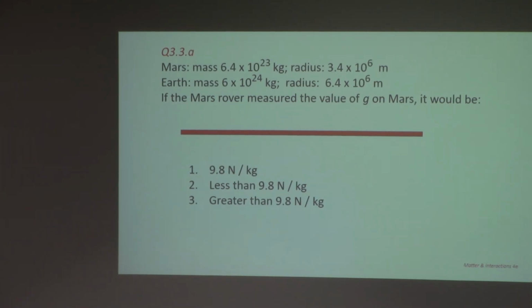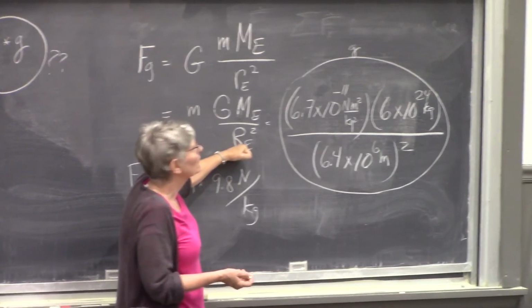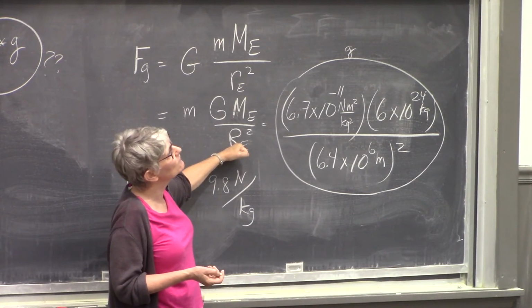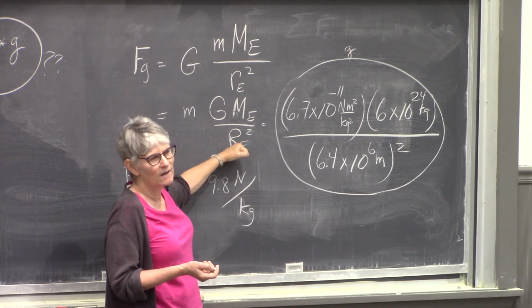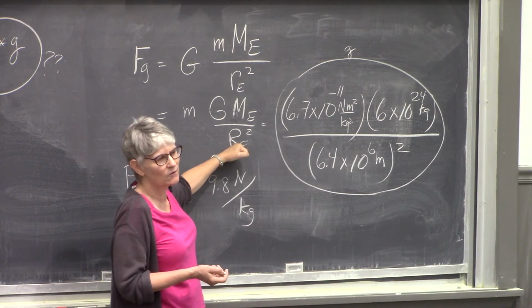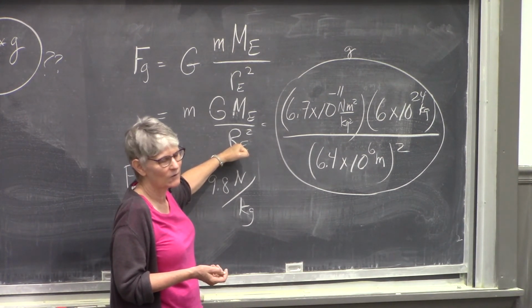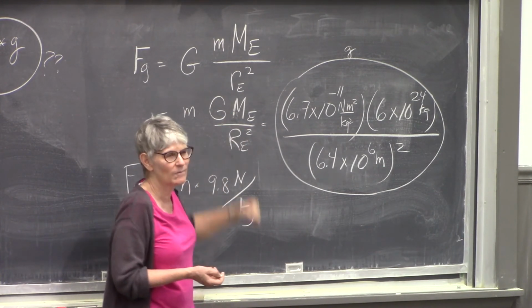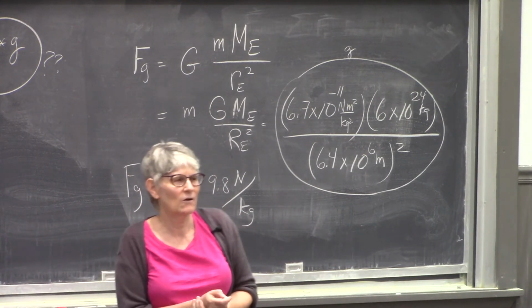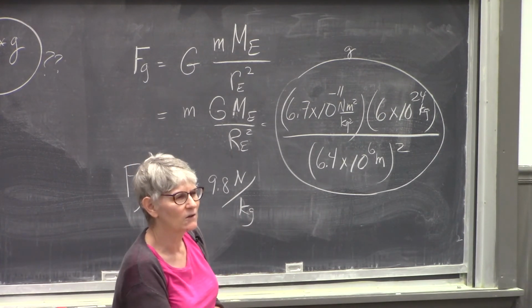G doesn't change. The mass got smaller, and that would decrease the value of g. The radius got a little bit smaller too, right? And so we're squaring a slightly smaller number, so we're dividing by a slightly smaller number. So that could make it a little bigger.